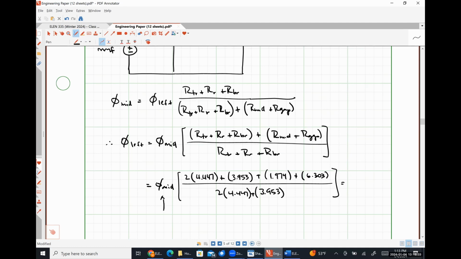And this phi mid, we recall, is 2.53 times 10 to the minus 3.